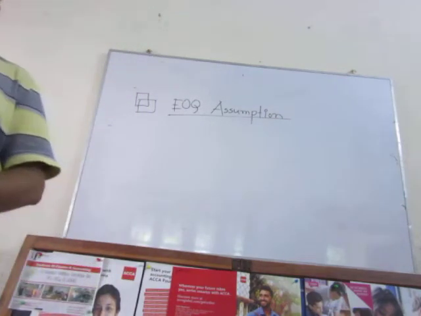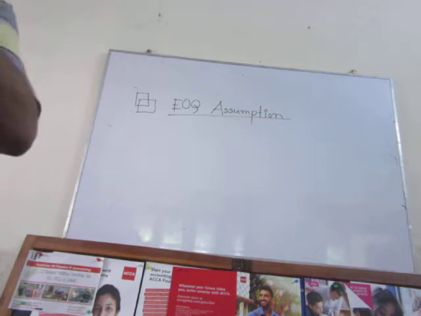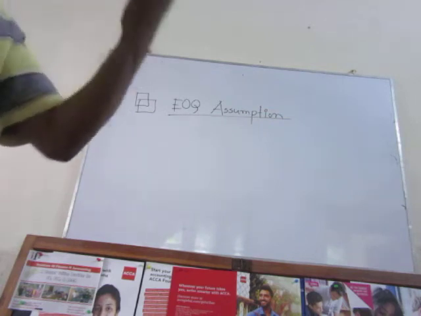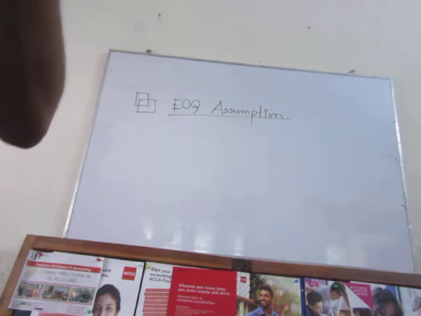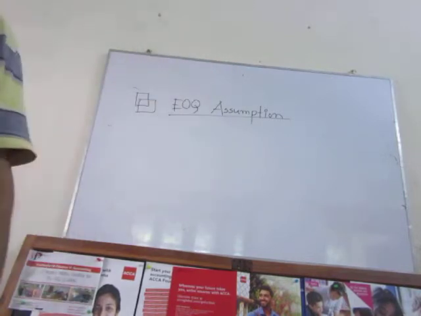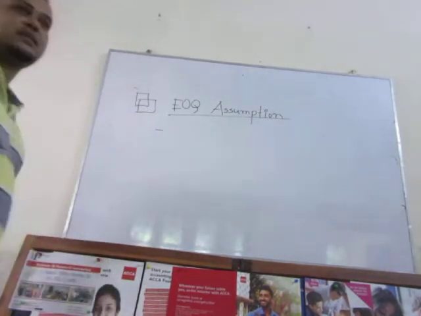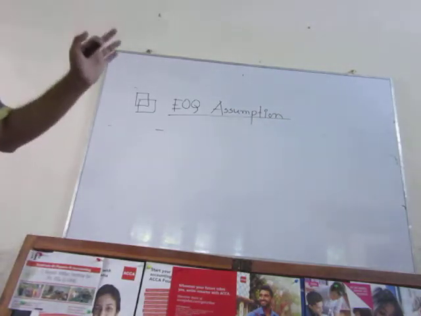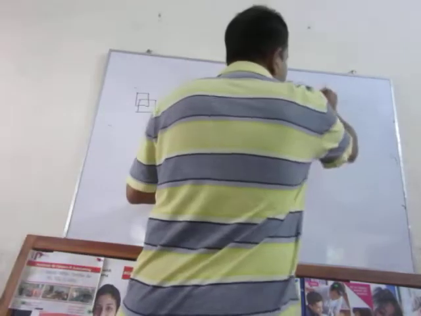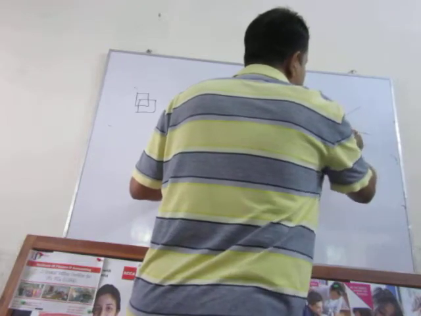Assumption means when this model was actually prepared, some assumptions were ascertained, and you have to assume those things in every case. You cannot change that. তুমি এই জিনিসগুলো চেঞ্জ করতে পারবে না। That's why these are assumptions. Number one assumption. According to the graph, this is EOQ.